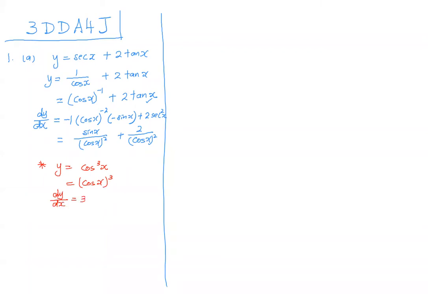So 3, copy down the whole thing, power take away 1, times by the derivative of cos, which will be negative sin. So take note of that. Any question on this? Okay, can we move to part B?